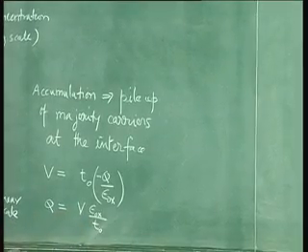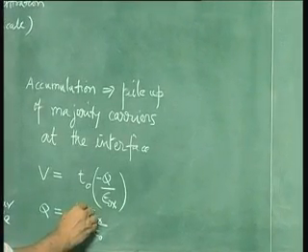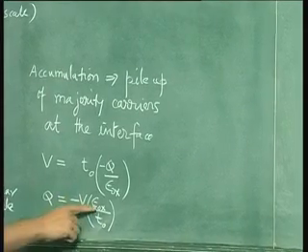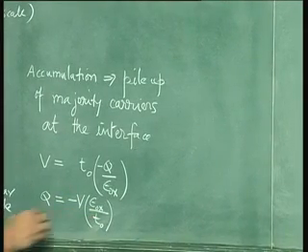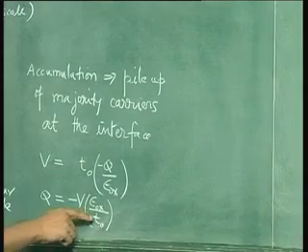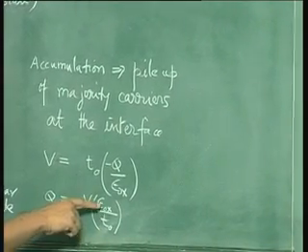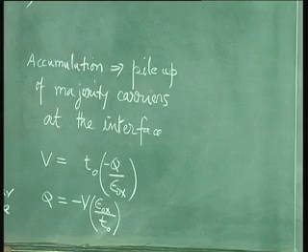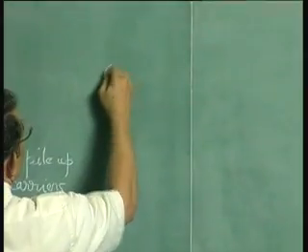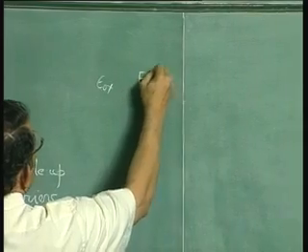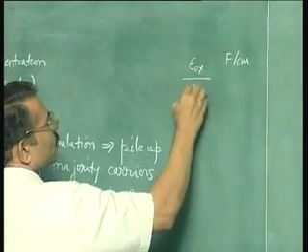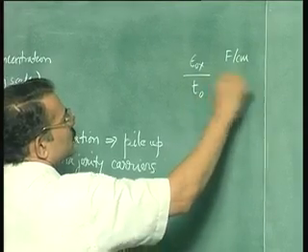Now this quantity epsilon ox by T naught has dimensions of capacitance. In fact, strictly speaking, it has dimensions of capacitance per unit area. You can see this as follows. The unit of epsilon ox is farad per centimeter, and the unit of T naught is centimeter.